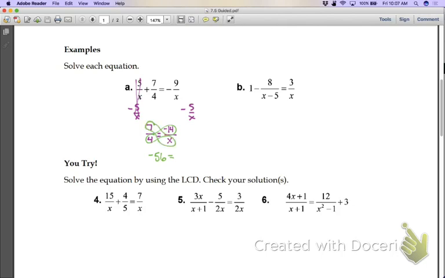I take 7 times x and get 7x, then divide everything by 7, and I get x equal to negative 8. Is everything okay with x being negative 8? You bet.